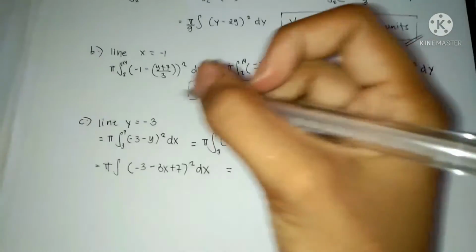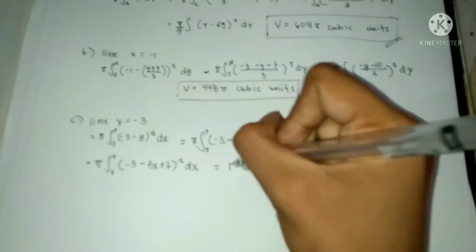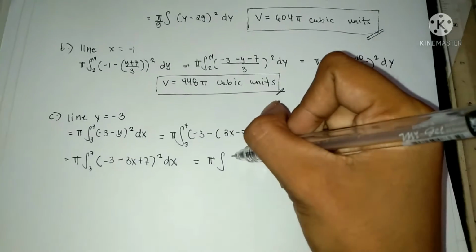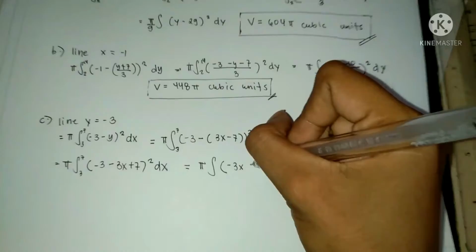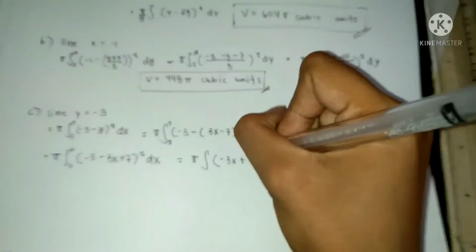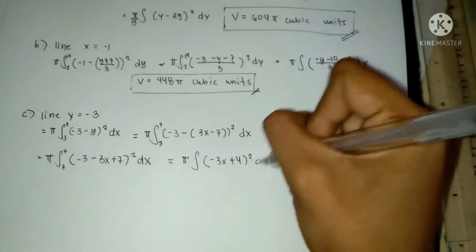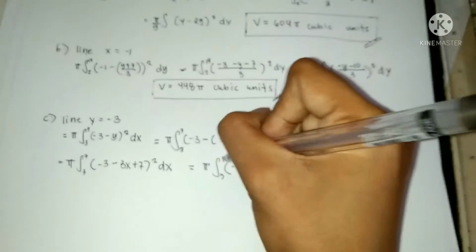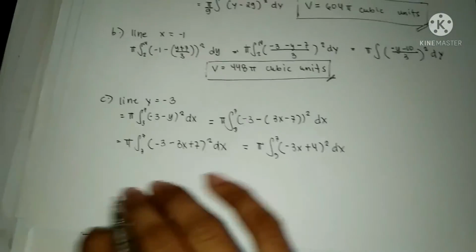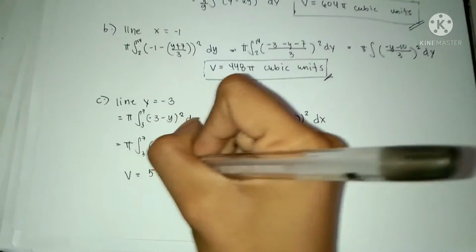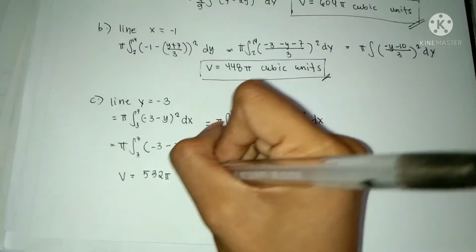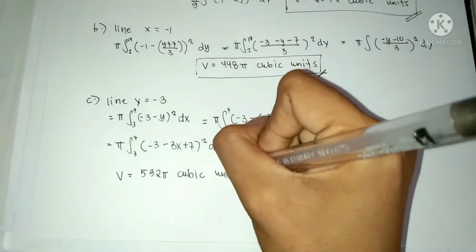So it is equal to pi, the integral of negative 3x, negative 3 plus 7 is positive 4, squared dx from 3 to 7. By merely computing it on our calculator, we will get a volume of 532 pi cubic units.